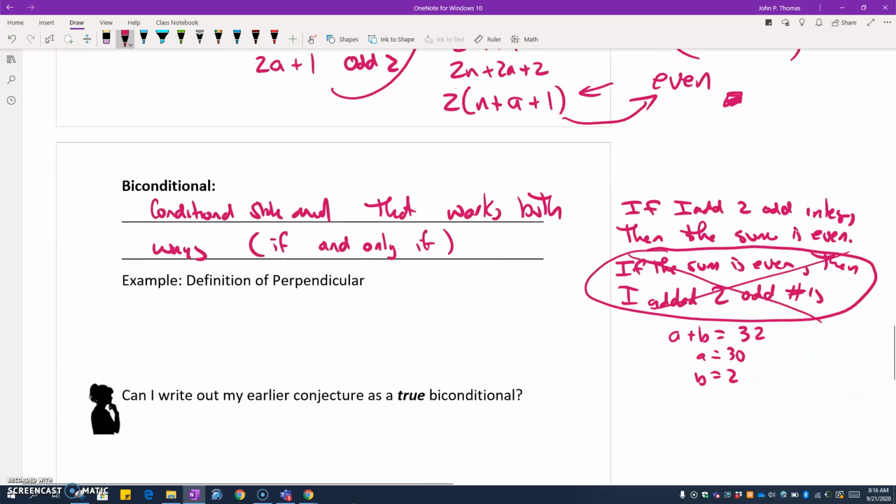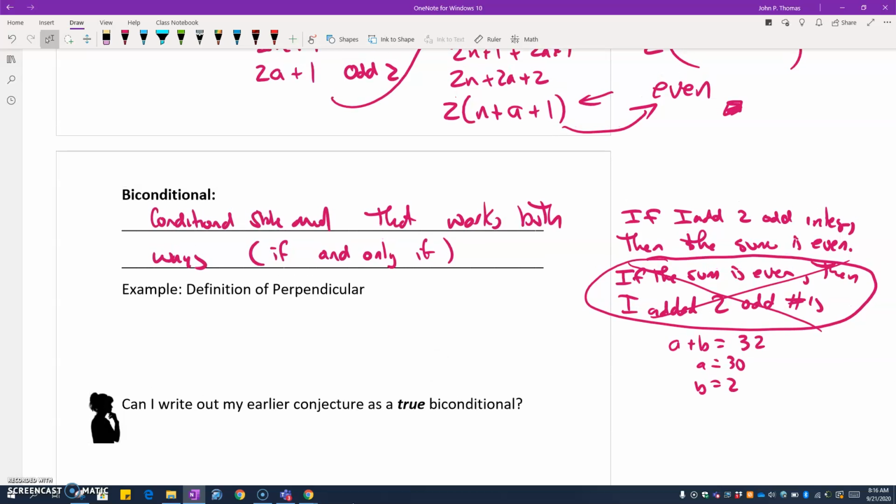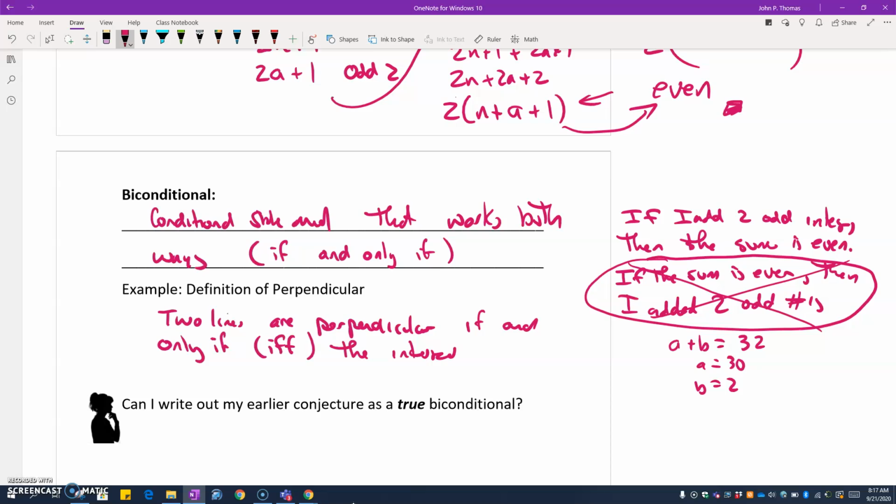All right, so now if I look at the definition of perpendicular, a lot of times biconditionals are used for that. So two lines are perpendicular if and only if, and a lot of times we shorthand that IFF, if and only if they intersect to form a right angle.